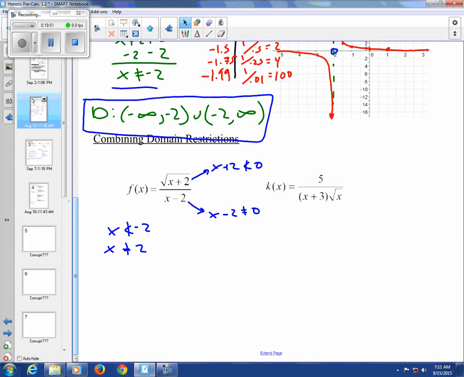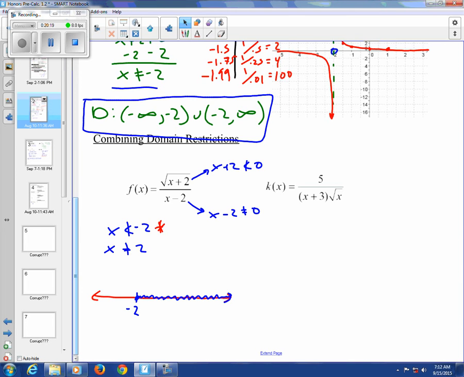Now, when I'm looking at a combination of restrictions like this, what I like to do is map it out on the x-axis. It's just a little bit easier to see. And the first thing I'm going to do is look at that inequality. Right here, that inequality is telling me that I can't have anything less than -2. So from -2 on are x values that will be okay for the square root of x plus 2.